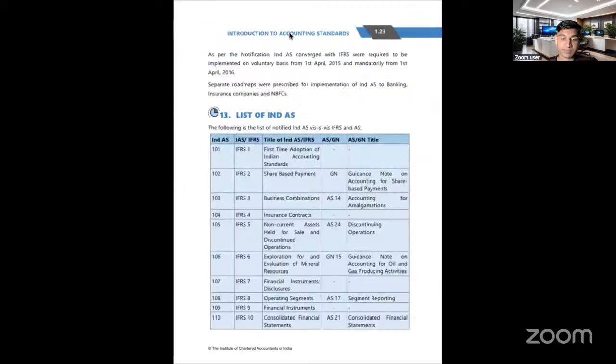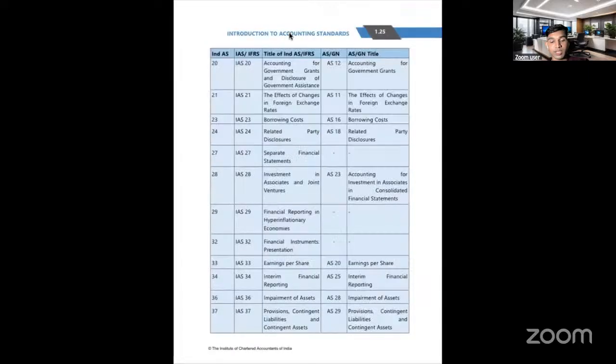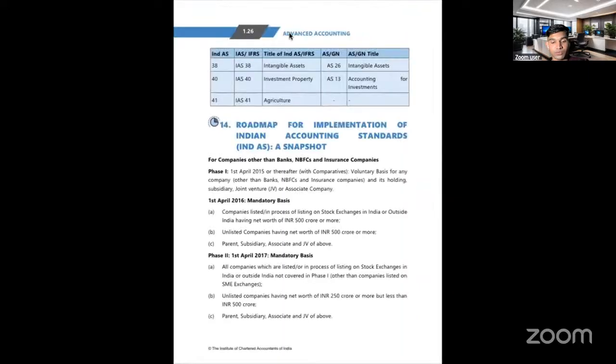As per the notifications, Ind ASs converged with IFRS were required to be implemented on a voluntary basis from 1st April 2015 and mandatory from 1st April 2016. Separate roadmaps were prescribed for implementation of Ind ASs to banking, insurance companies, and NBFCs. So these are the comparisons that we are going to go through.